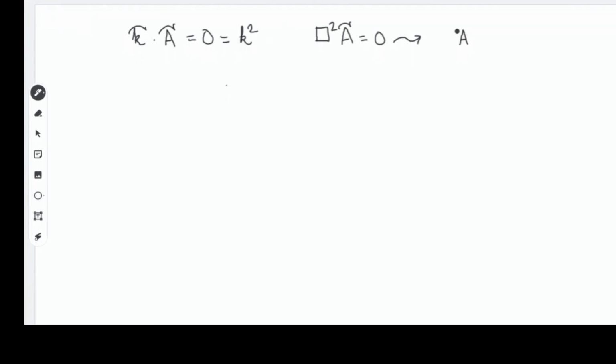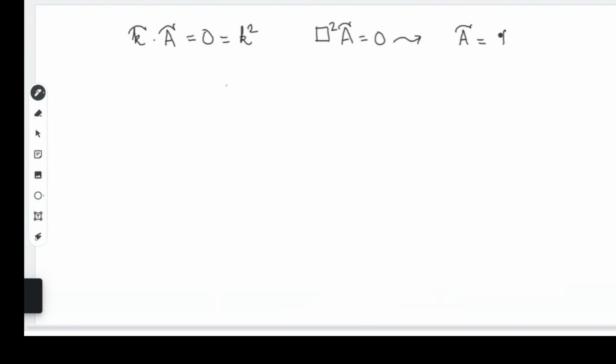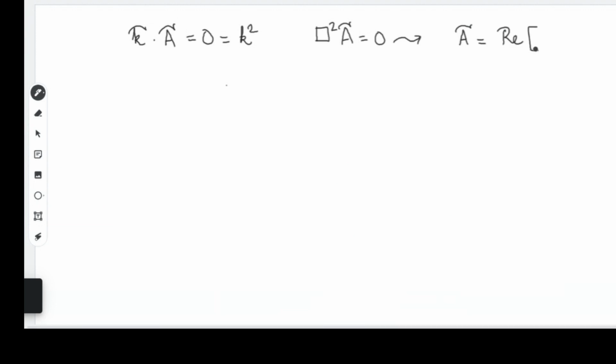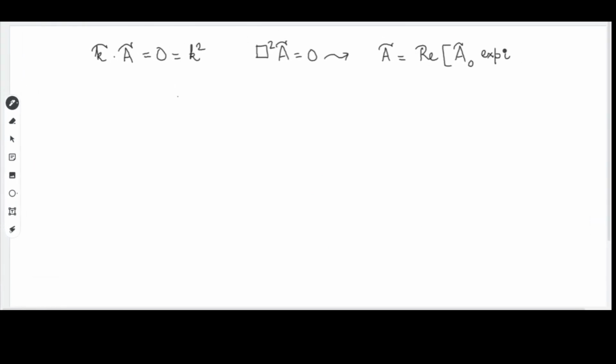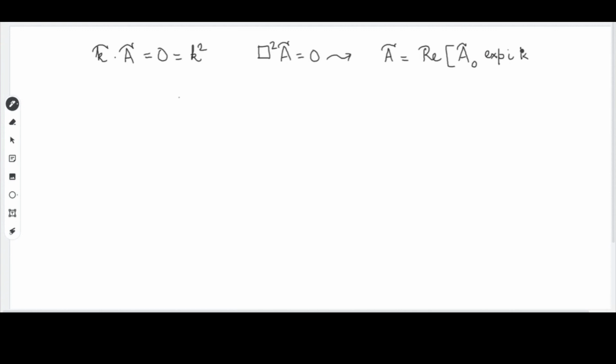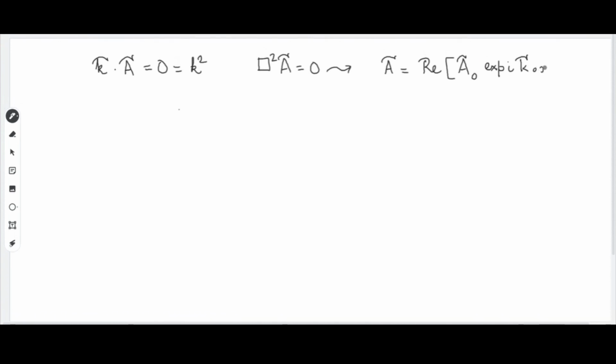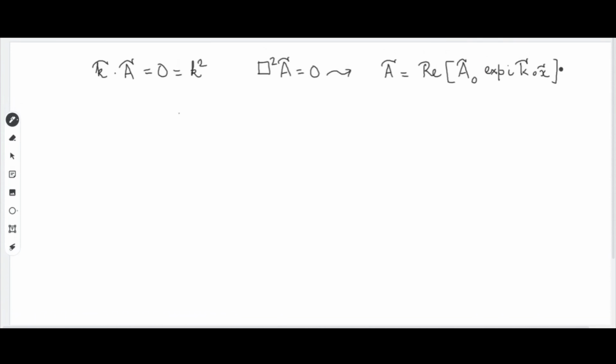So the solution is A equal to the real part of some amplitude, which is a constant four-vector, times the exponential i times the phase, which is K dot X. So that's the solution. And so this K dot A comes from the transversality condition, as you know.